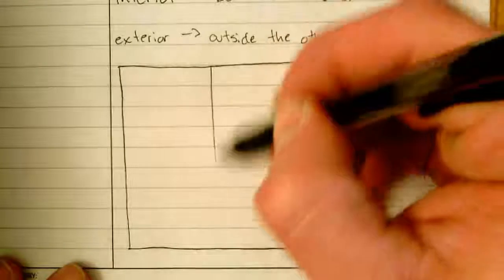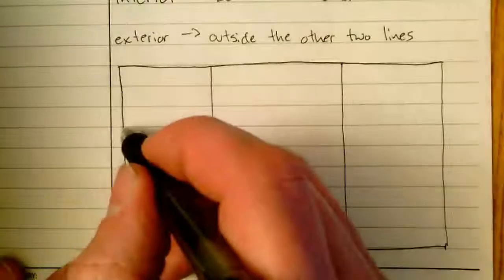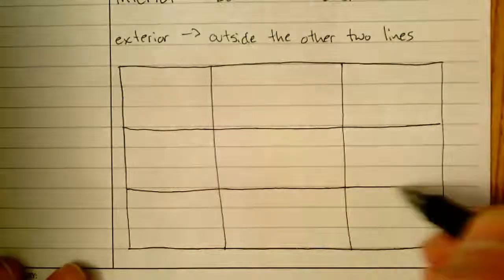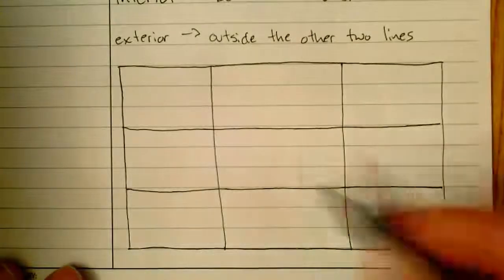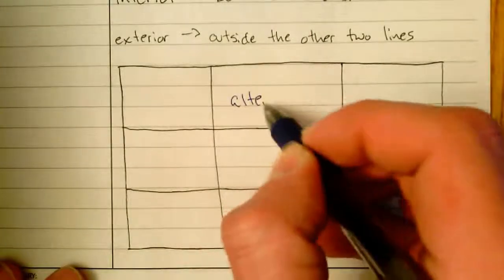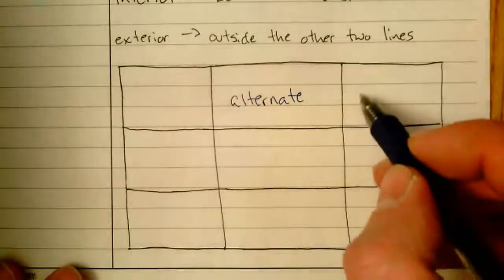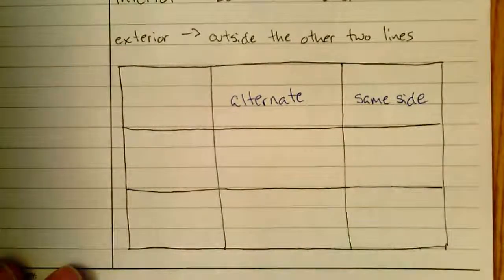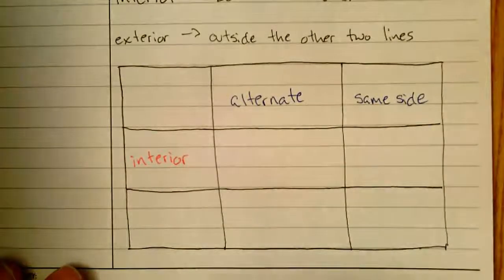So here we have alternate. We have same side. And then down here we have interior, and we have exterior.